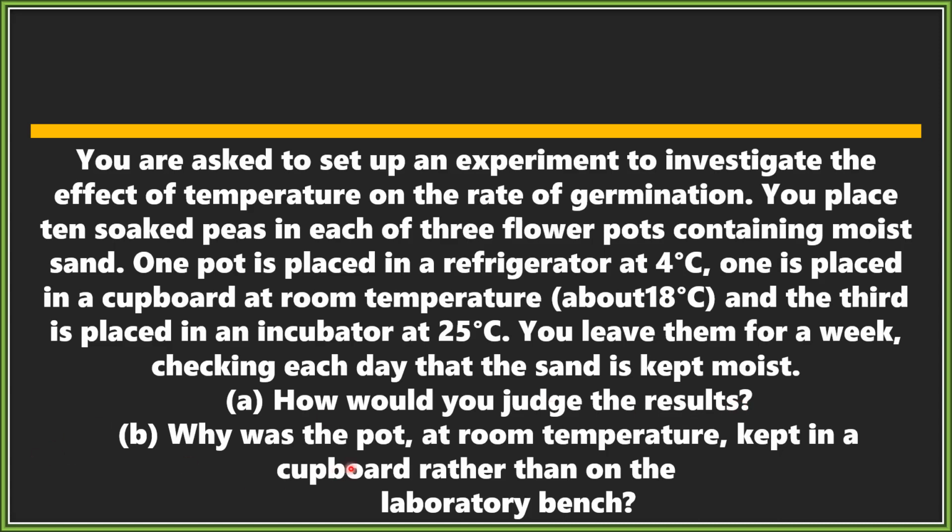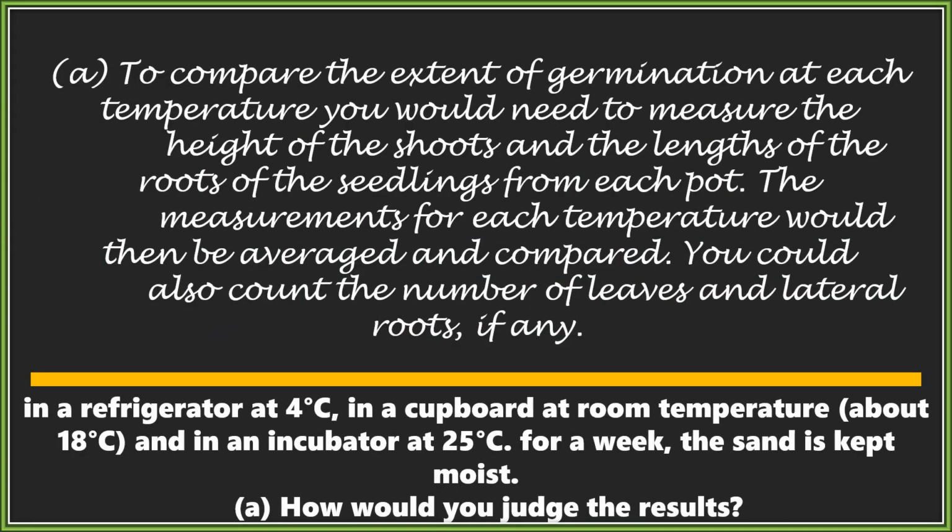B. Why was the pot at room temperature kept in a cupboard rather than on the laboratory bench? A. To compare the extent of germination at each temperature, you would need to measure the height of the shoots and the length of the roots of the seedlings from each pot.